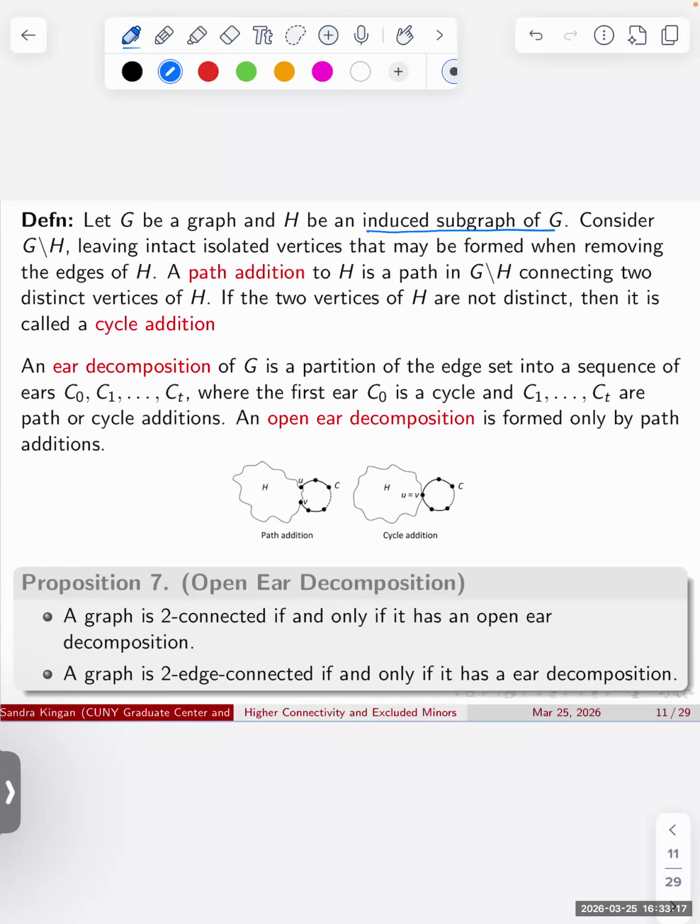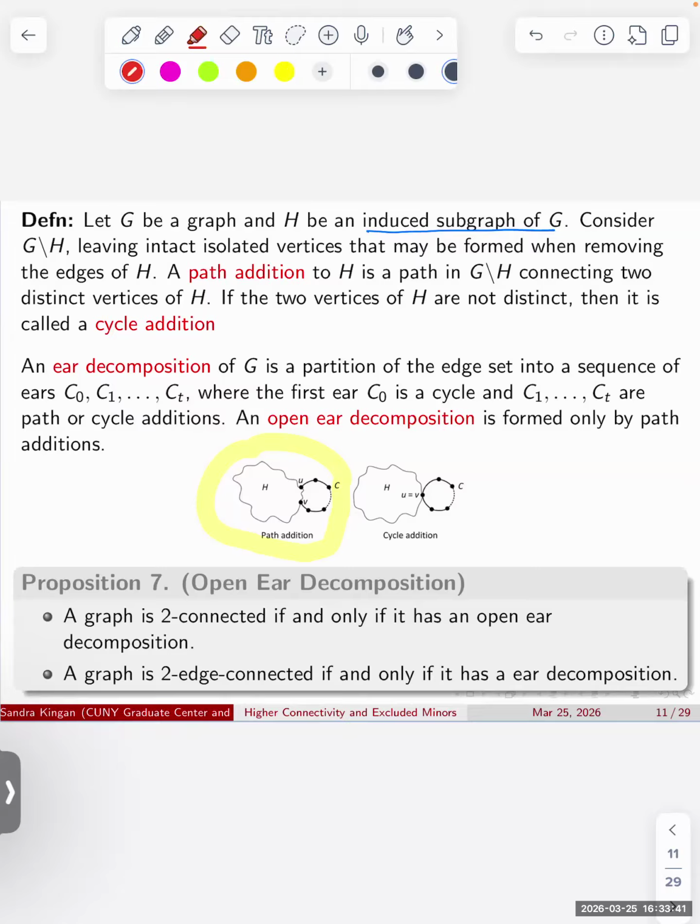And a path addition to H is a path in G minus H connecting two distinct vertices. And the word ear is actually a very nice visual word that captures what you're looking at over here.